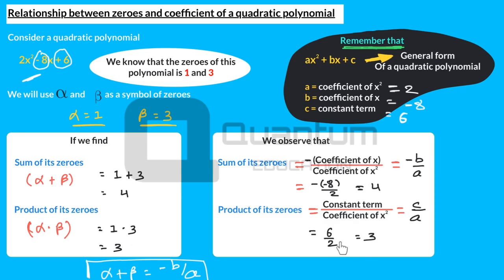So 6 upon 2 will be 3. As we can observe again, alpha into beta is equal to 3, and c upon a is also 3. So we can write that the product of zeros, alpha into beta, is equal to c upon a. This is the second relationship between the zeros and the coefficients of the polynomial.